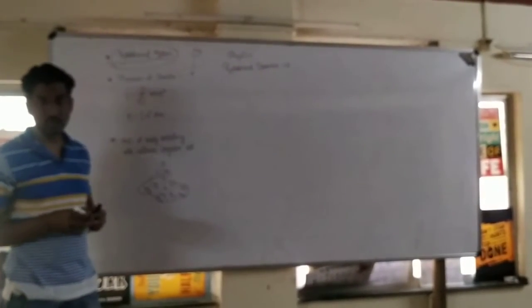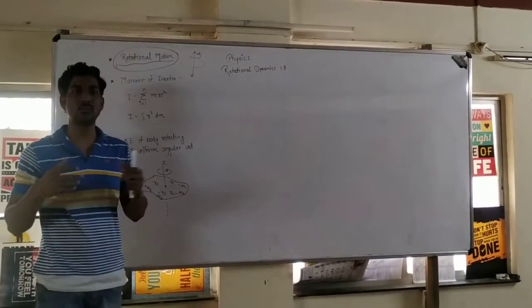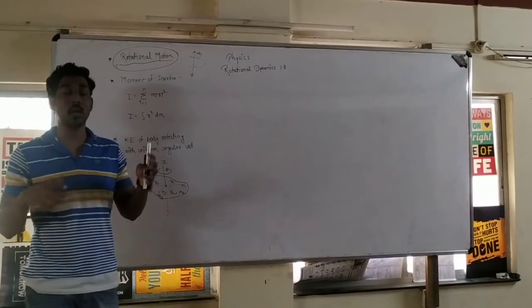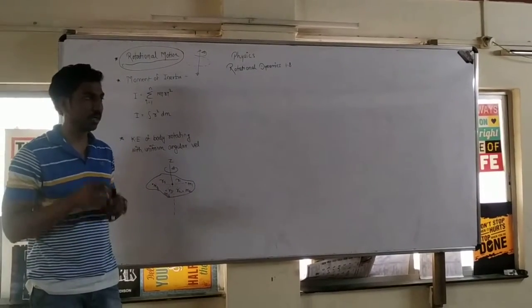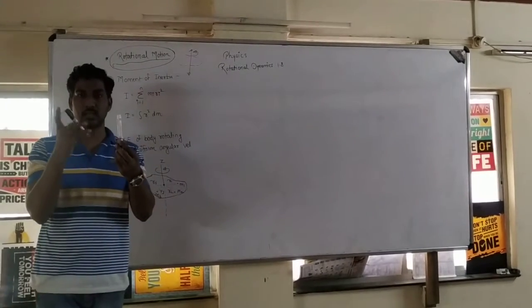What is rotational motion? One body will move around some axis, or around some point, or around some plane. If we take an example, let's say this is one marker and this is one particle.